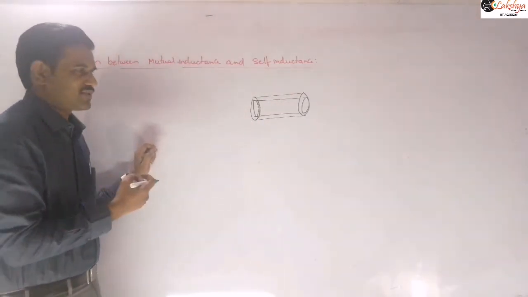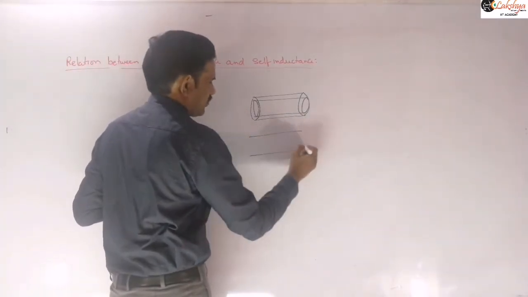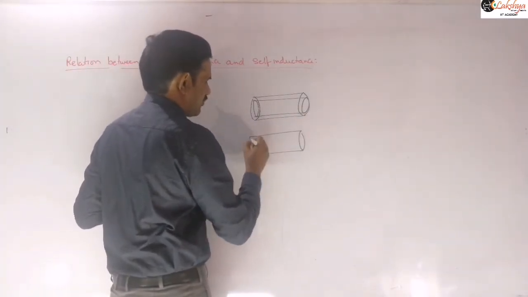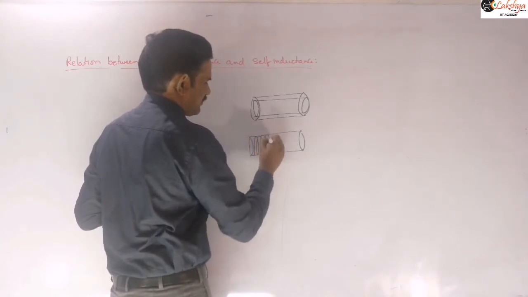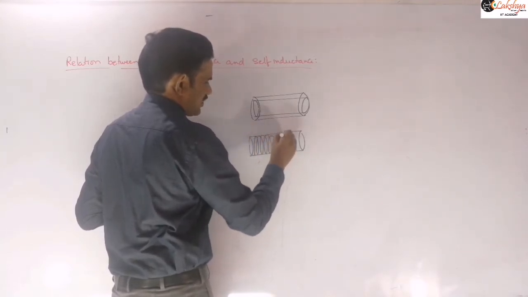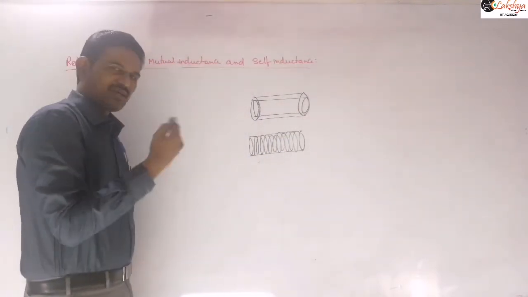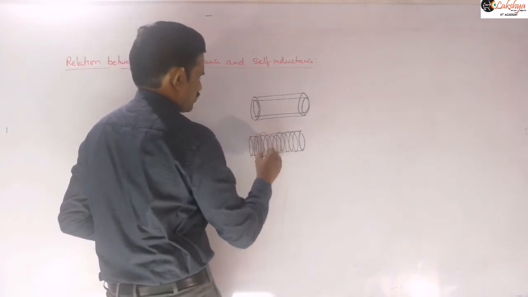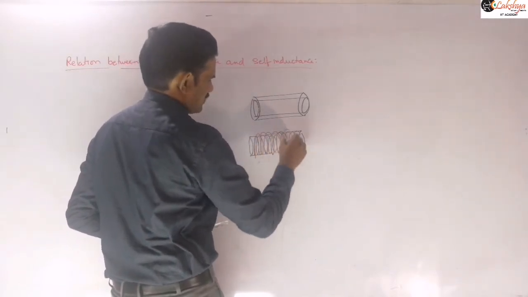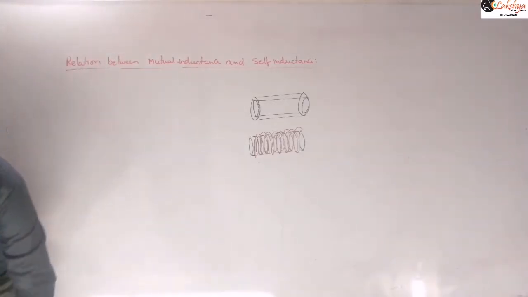So like you may find already in the previous topics, the double layer solenoid. One layer will be there like this, and the other layer will be wound on this. That is nothing but a double layer solenoid. So in that case, that is said to be tight coupling.